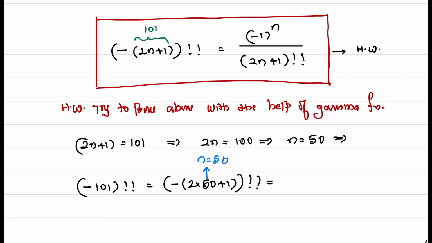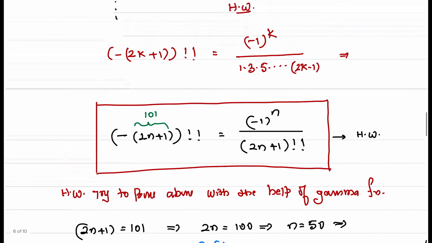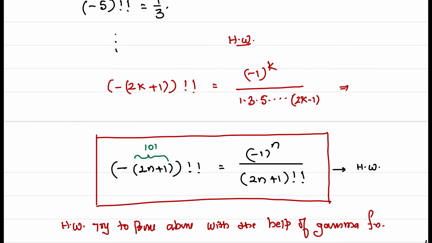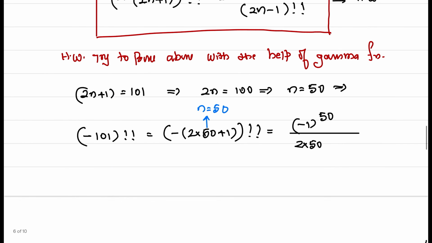Then apply this in this formula, minus 1 to the power of 50 whole divided by 2n minus 1. It is not plus, it is 2n minus 1. 2k minus 1, here I have to write it as 2n minus 1, 50 minus 1.